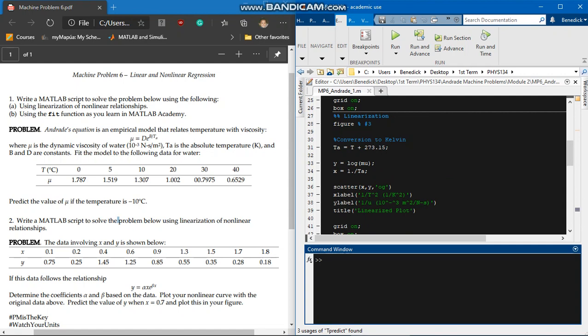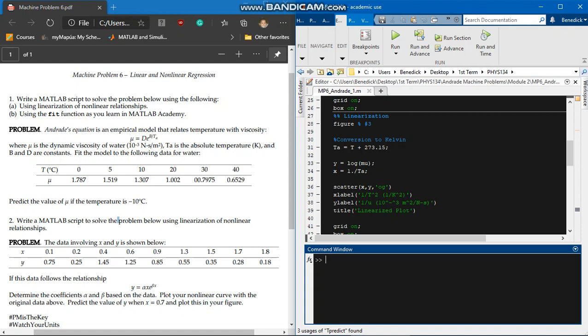The third is the linearization. First, I solve for T_a, which is the conversion of Celsius to Kelvin, which is just the given Celsius plus 273.15.